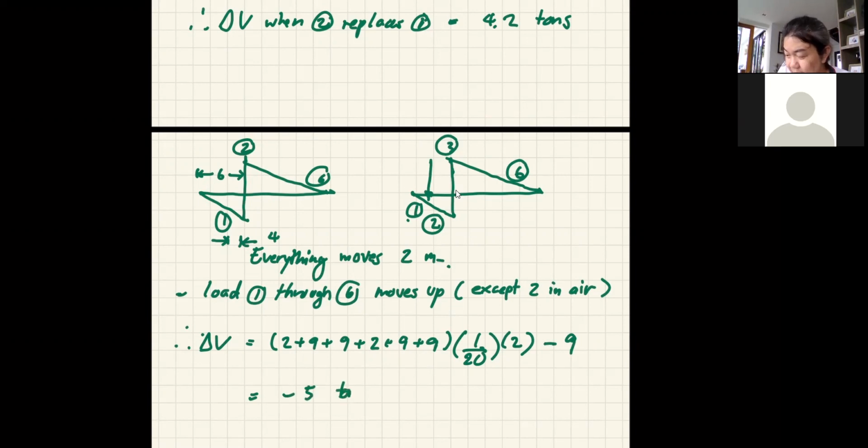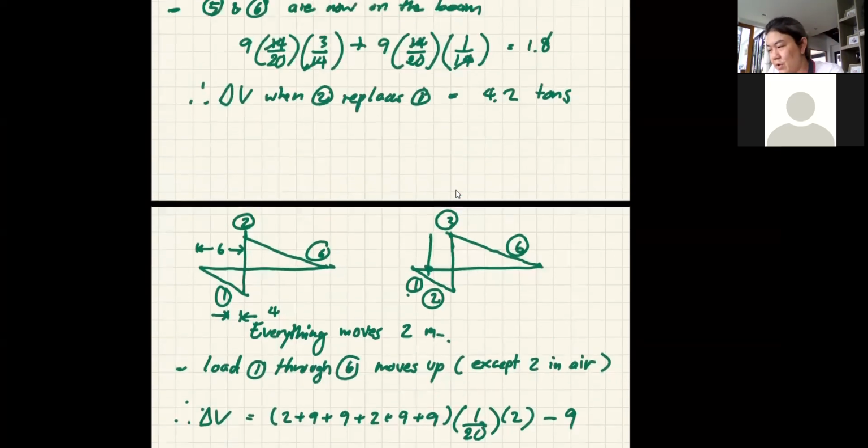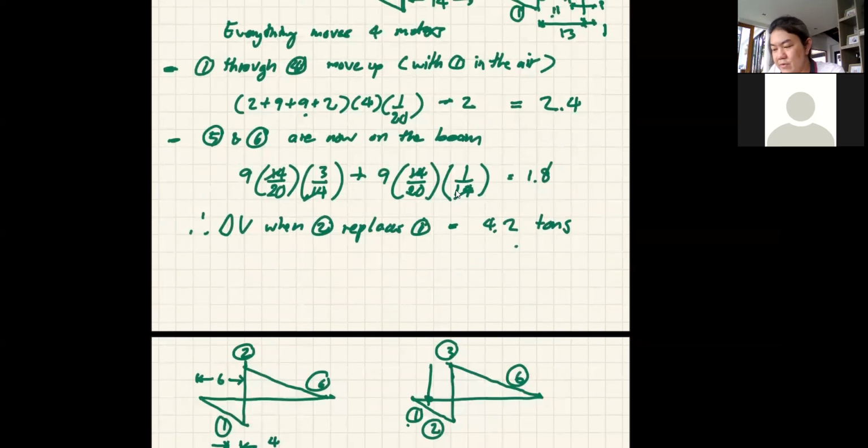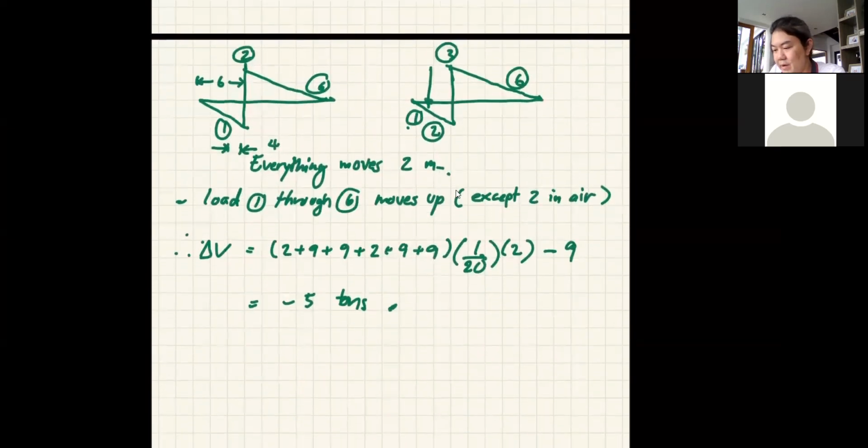So you see, now when load number 3 moves in to replace load number 2 at C, the shear at C decreases by 5 tons. So you can say, because when load number 2 moves in to replace load number 1 at C, your delta shear increases by 4.2 tons. But when load number 3 comes in and replaces load number 2, now our delta shear decreases by 5 tons.